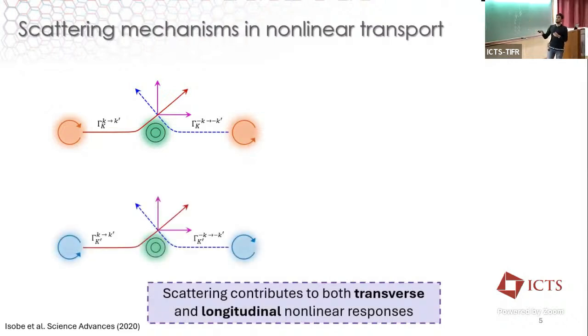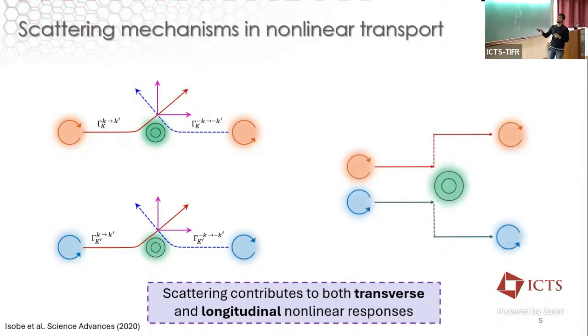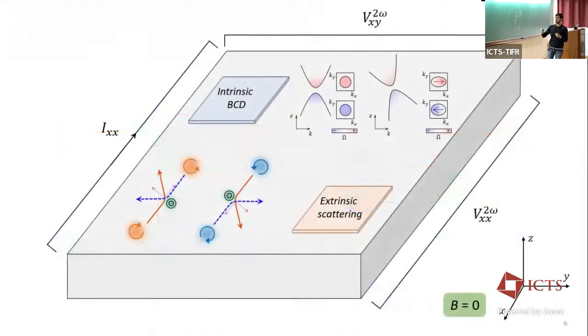Now, it can happen at different values, which is shown by these red and blue circles. And the side jump scattering mechanism also contributes to the nonlinear transport. Just to summarize, we are basically flowing current in a system where there is no external or internal magnetization. Basically, the time reversal symmetry is preserved.